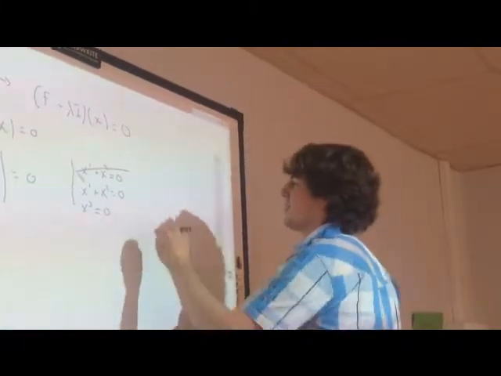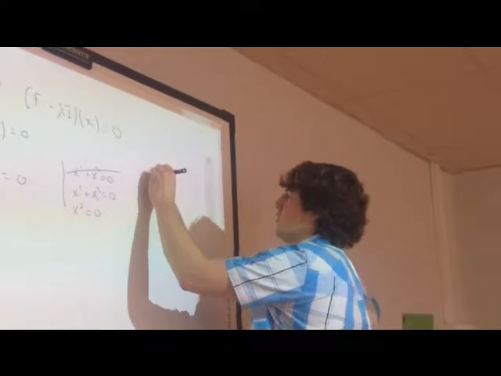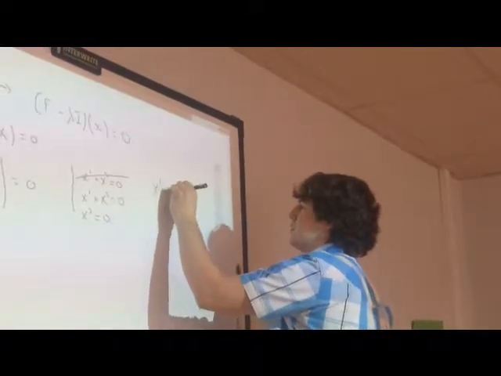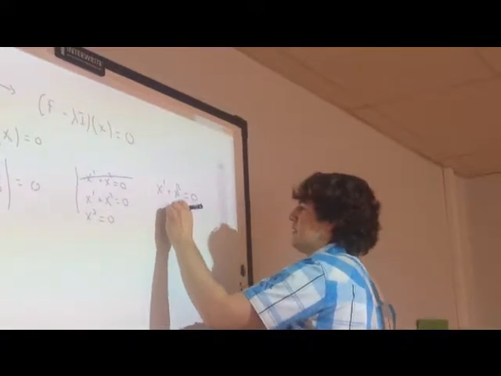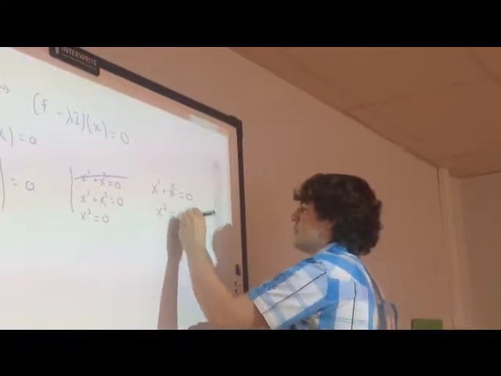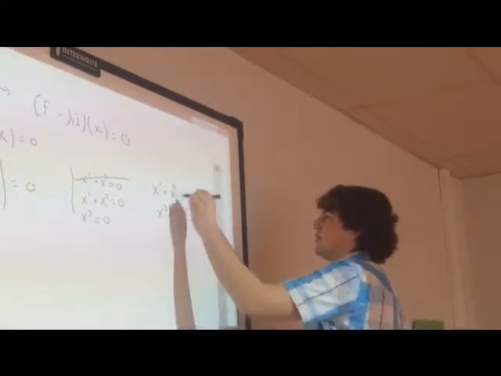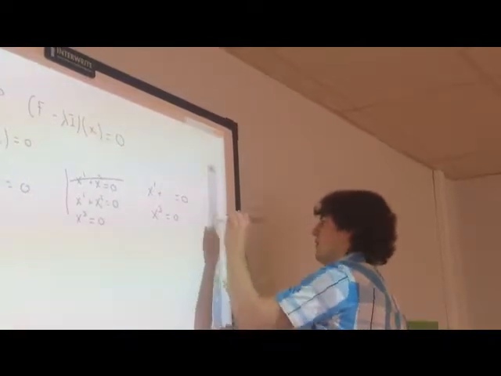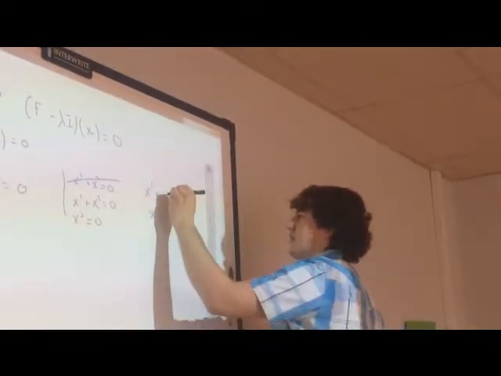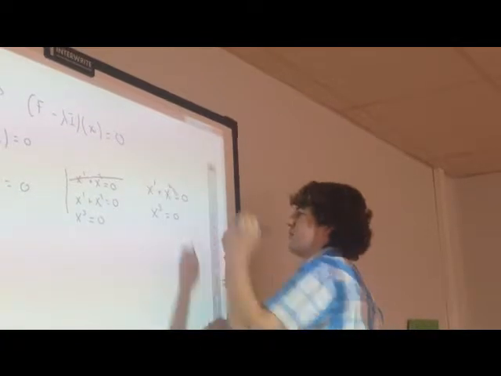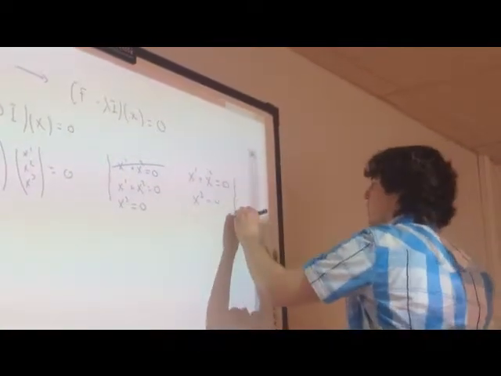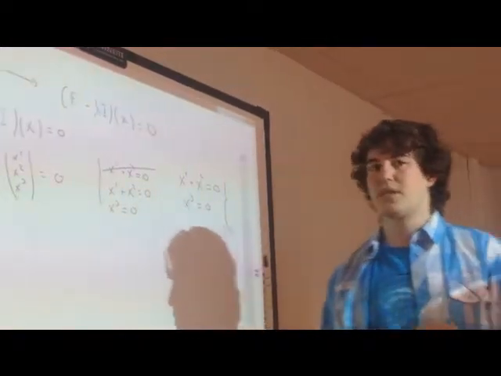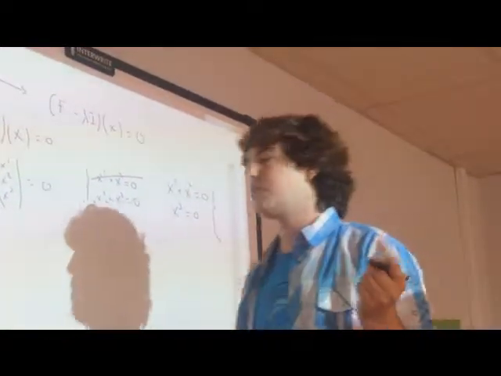So we have x1 plus x2 equals 0 and x3 equals 0. Now we need to find how many parameters to add. It was 1 degree of freedom, so it's one parameter.